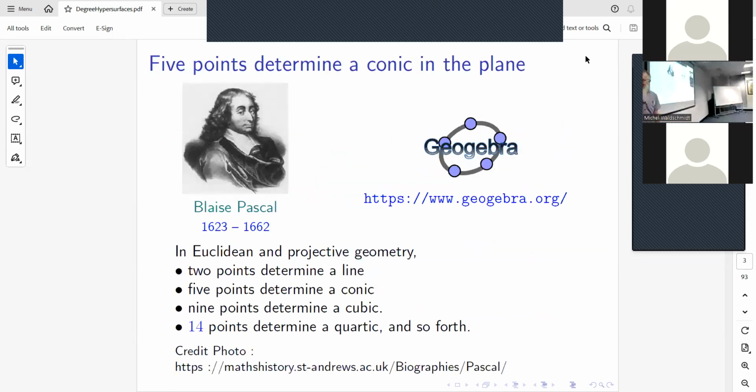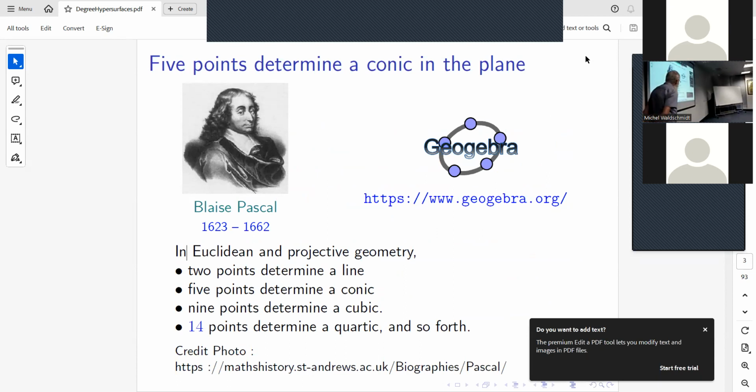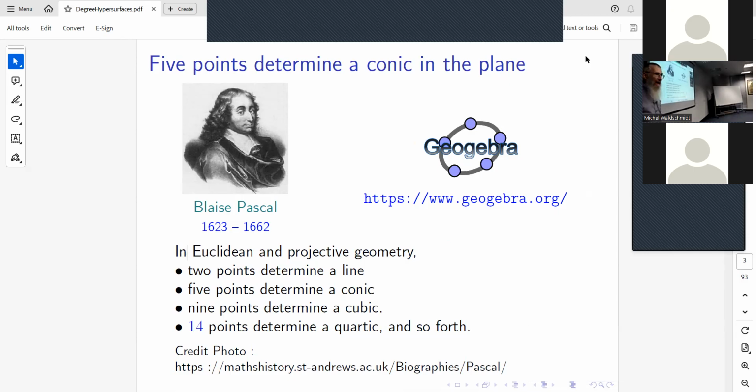I start with a classical result from Euclidean or projective geometry, which is that if you have 5 points in a plane, there is a conic which passes through these 5 points. It's a result which was proved probably for the first time by Blaise Pascal, so we often say that it's a result due to Blaise Pascal.